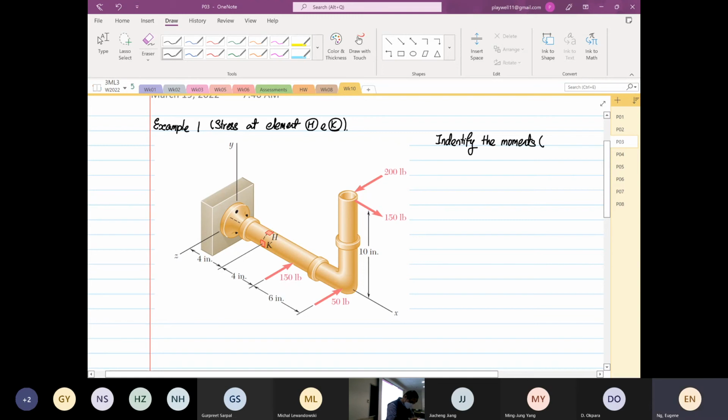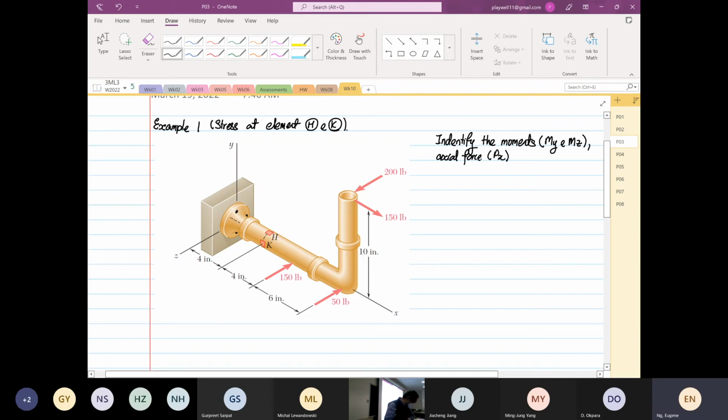For this case, the moment is about the y and z axes. Later on, I'll teach you how to identify them. We also have to identify the axial force, which is Px.